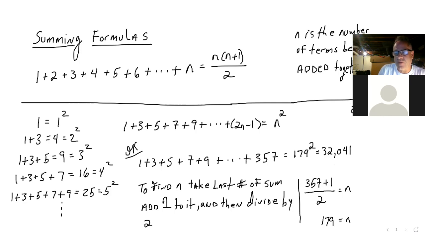Well, you'd first add 1 to both sides, and then you would divide both sides by 2. So me just saying to do this is really solving that linear equation, taking that last nth term, setting it equal to this to find n. And then once you find n, you square it. All right.